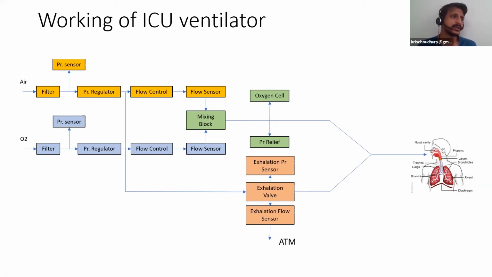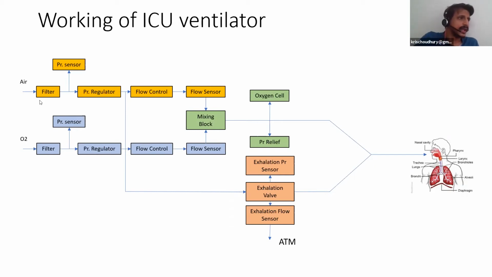This is the major requirement for any ICU ventilator. Why it needs to be clean is understandable to anyone. But why they need to be dry is because any amount of humidity is going to hamper the working of any of the electronic sensors that you see along the line. And these sensors, mind you, need to be very, very sensitive.